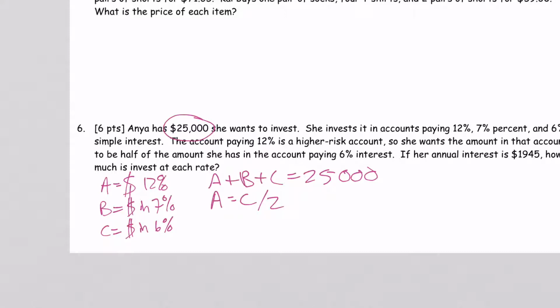Now we need to rearrange things in order to be able to enter this into a matrix. So we're going to need A plus 0B minus 1/2 C equals 0. All I've done is subtract that C over 2, that 1/2 C, to the left side, which left 0 on the right.